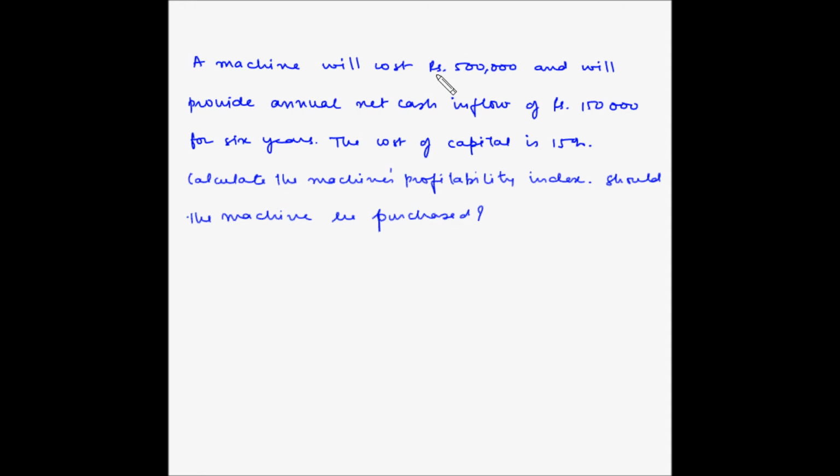So now we have been given that the cost of the machine is 500,000 or 5 lakh rupees. So basically this much amount has been spent to buy the machine. And in order to fund this much amount, let's say your firm has borrowed the money from a bank. Now, the cost of capital is 15%.